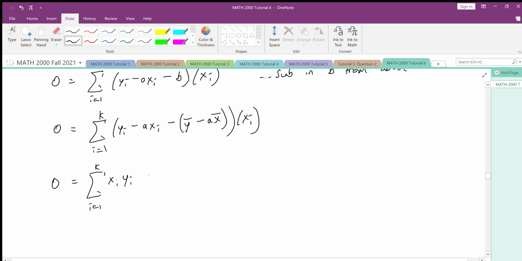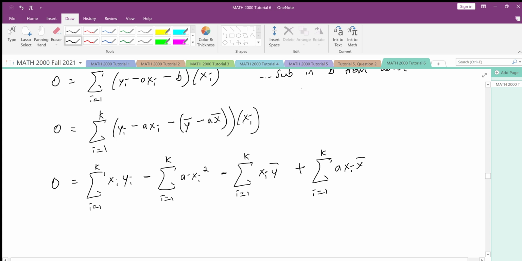So that's xi yi, minus a times xi squared, and then the next term would be minus xi y bar, and the last term will be plus a xi x bar.